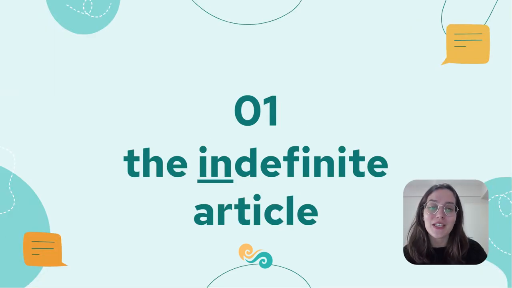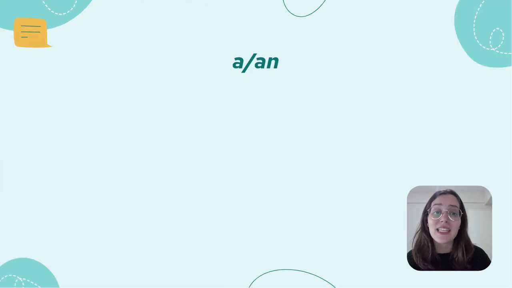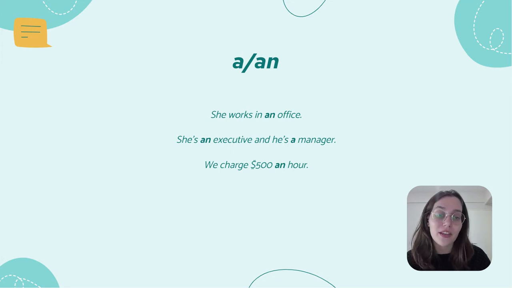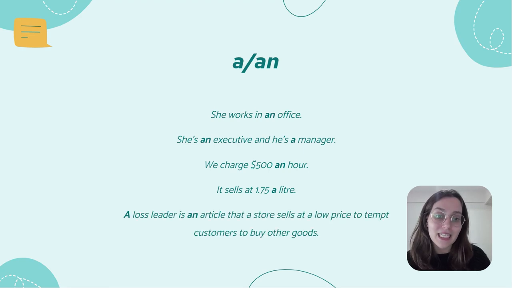Let's begin with the first case, that of the indefinite article. And that is the classic a or an, as in she works in an office, she's an executive, and he's a manager. We charge $500 an hour. It sells at $1.75 a litre. And a loss leader is an article that the store sells at a low price to tempt customers to buy other goods.